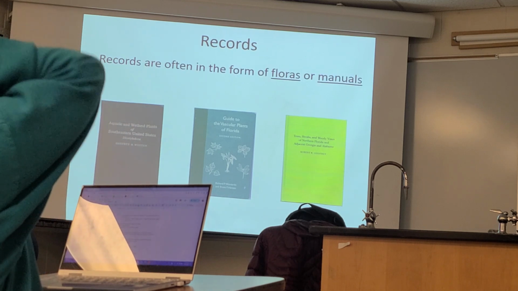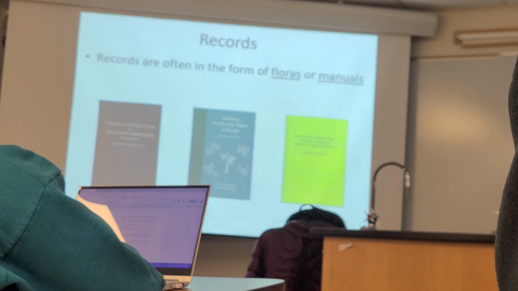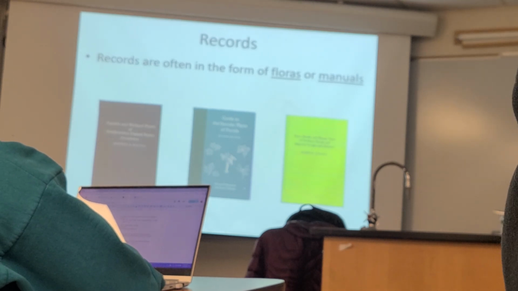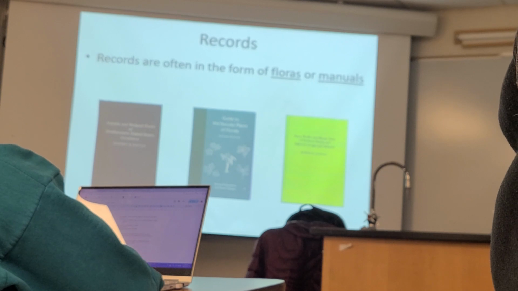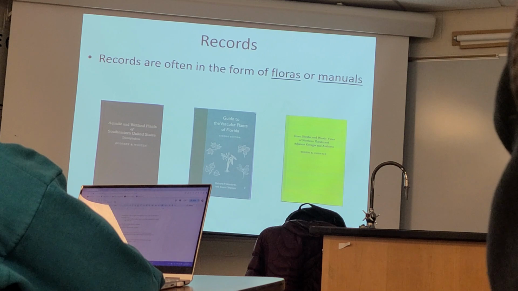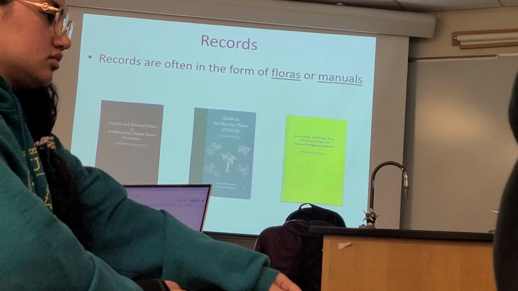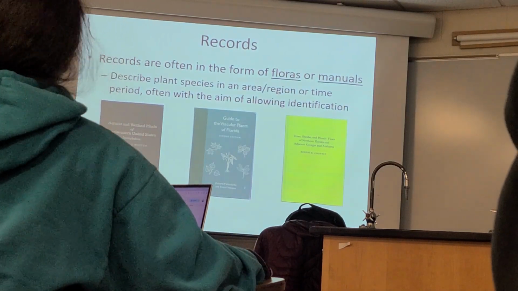Now, records. Records oftentimes are going to be in the form of something called floras or manuals. So your book, for example, that you have for lab, the Flora of Kentucky, would be one of those. Inside of it, you'll find a lot of different things. One of the things you're going to find are keys, okay, for basically keying out the local flora of that region.